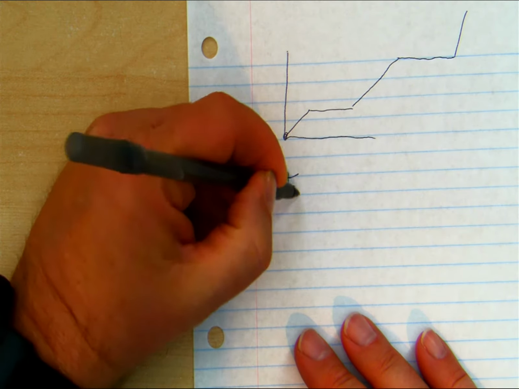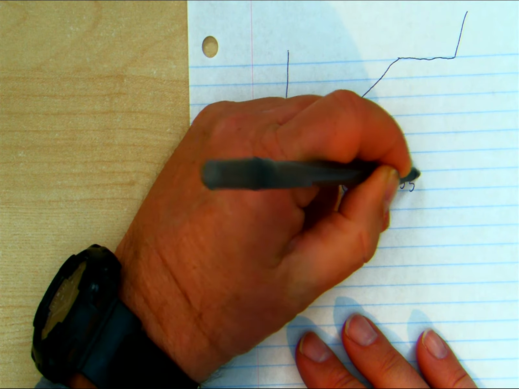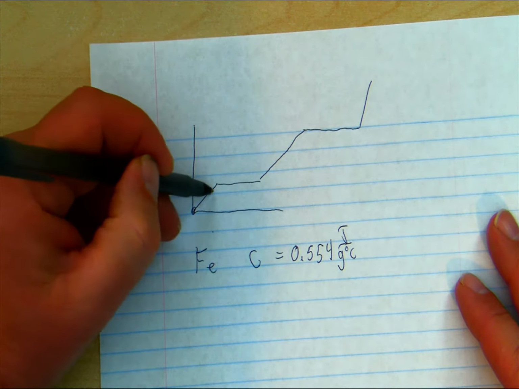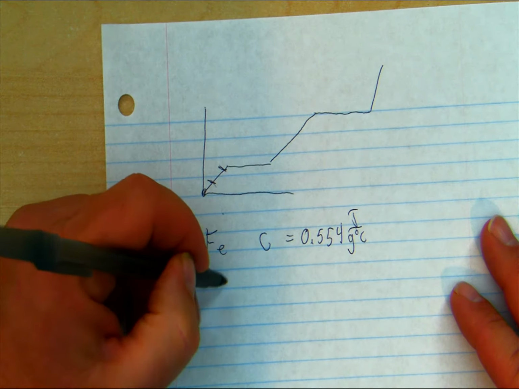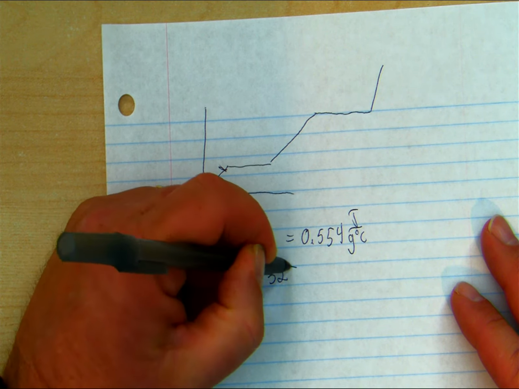So let's do a problem right now made up with cast iron that has a specific heat in the solid form of 0.554 joules per gram per degree Celsius. And that's in the solid state. I'm going to say, okay, I have a mass of 325 grams.